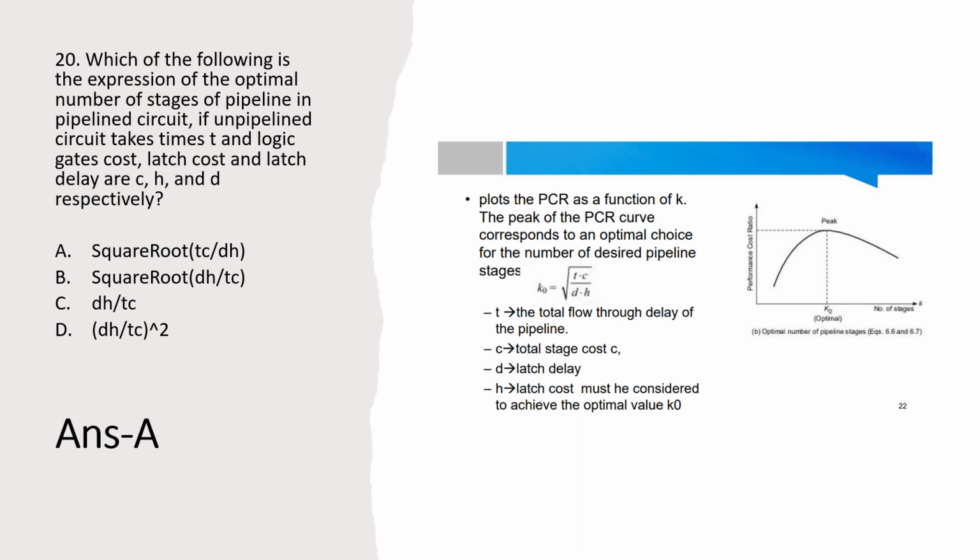And you know that latch delay has two components, like setup time and hold time. Setup time means data must stay stable before the clock edge, and data should also be stable after the clock edge. The pipeline also works on the clock edge only, right?